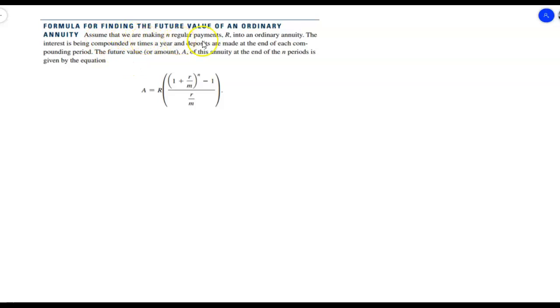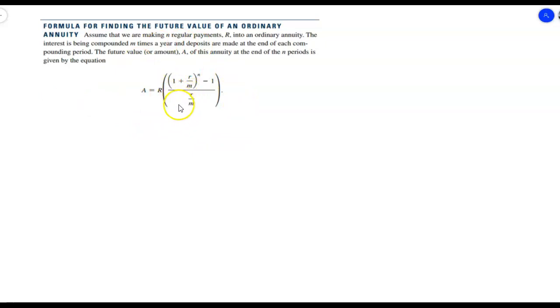Assume that we are making n regular payments, R, into an ordinary annuity. The interest is being compounded m times a year, and deposits are made at the end of each compounding period. The future value, or amount A, of this annuity at the end of the n periods is given by the equation.